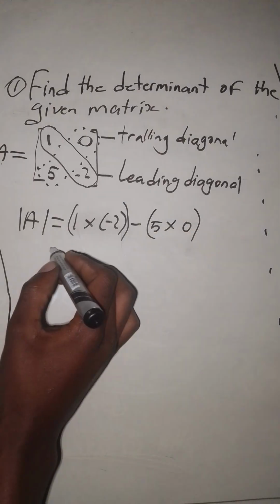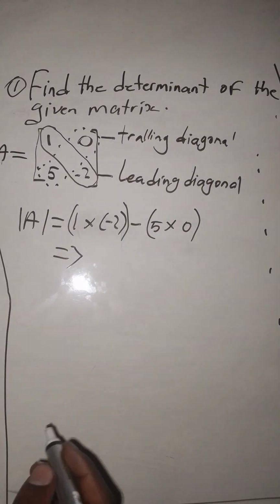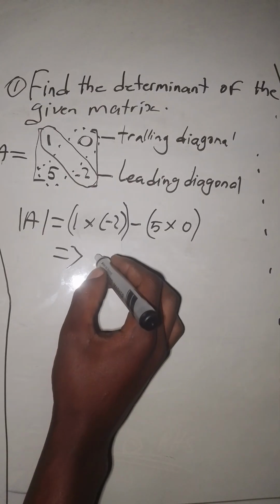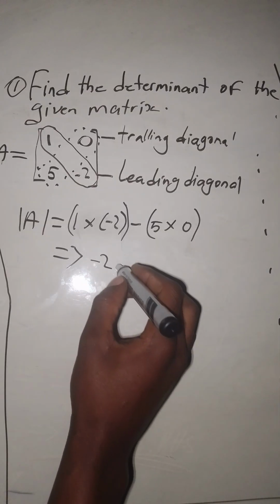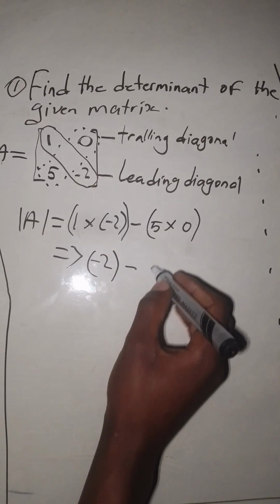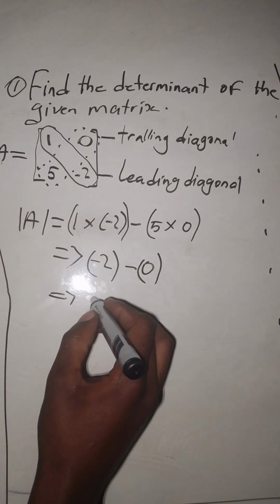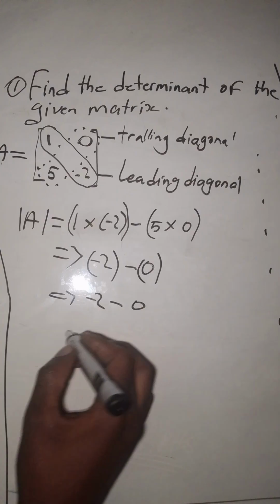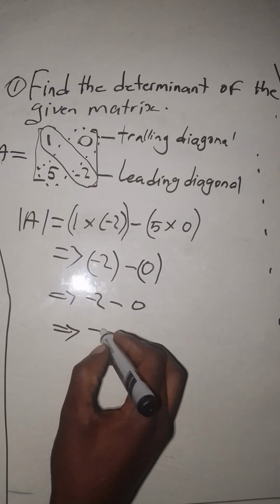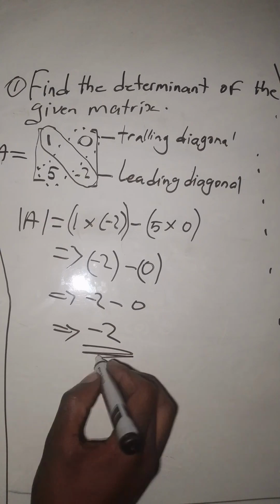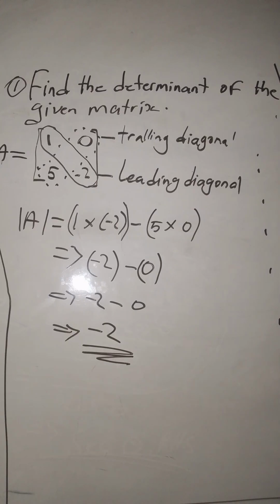Okay, so now this one times this one is -2, minus 0. Remove the brackets, you have -2 minus 0. The answer is -2. So this is the determinant of this matrix that we are given here.